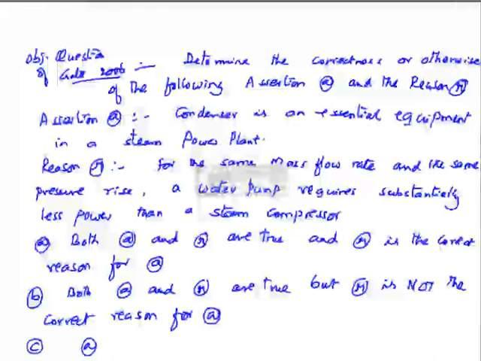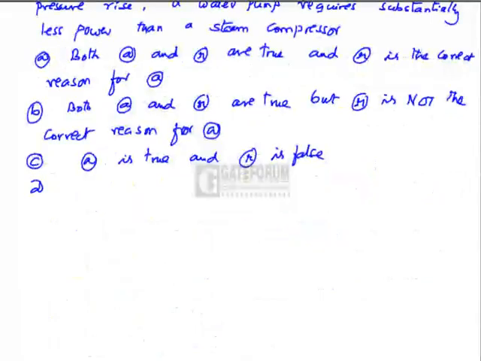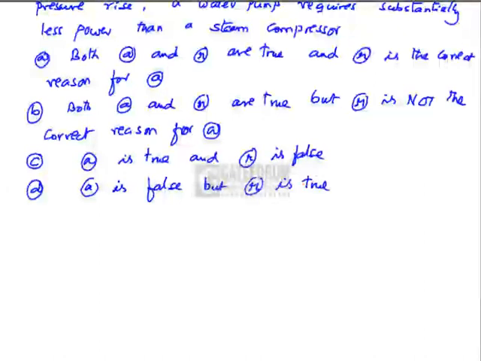C, assertion is true and reason is false. Option D, assertion is false, but reason is true. Looking at the assertion A, the condenser is an essential equipment in a steam power plant.